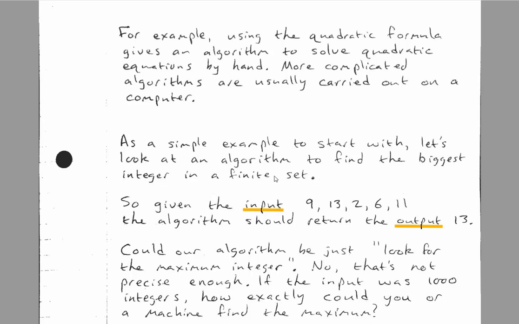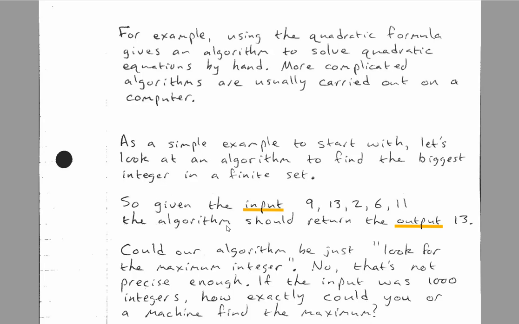Okay, so important ideas for algorithms. Yeah, the idea of the input and the output. All right, so a bit like a function. So algorithms, they're expecting some specific kind of input. In this case, it'll be a list of integers.